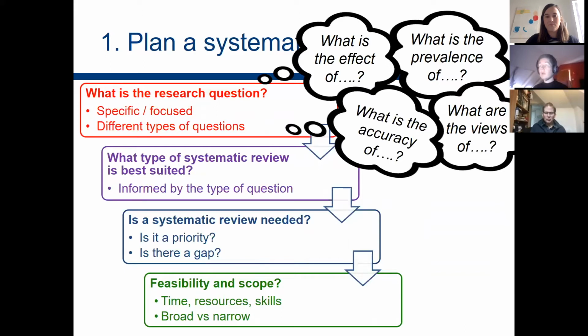If you've asked that question about effectiveness, then you're going to want to do a systematic review of effectiveness, such as a Cochrane review, which tends to bring together randomized controlled trials. But if you've asked a question about stroke survivors' experiences and views of an intervention, then you're going to want to do a systematic review of qualitative evidence.